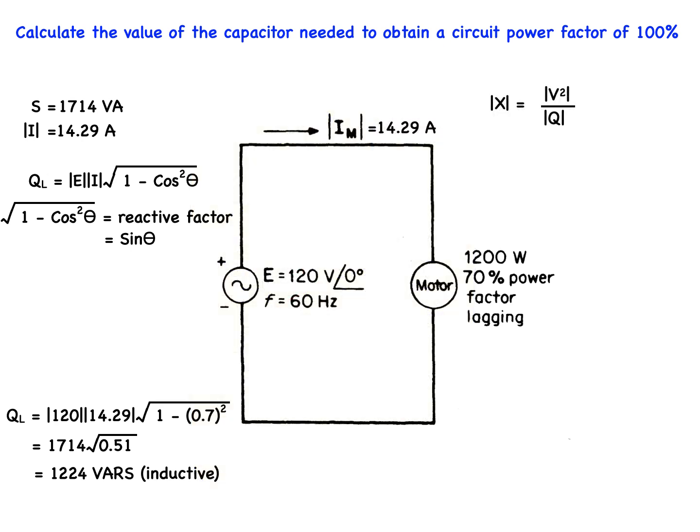Plugging in our known values into this formula, 120 squared divided by 1,224, or 11.76 ohms. Remember, this is the reactive, that is, to offset the inductance of the motor, so it is capacitive.